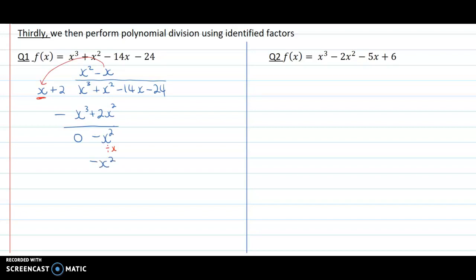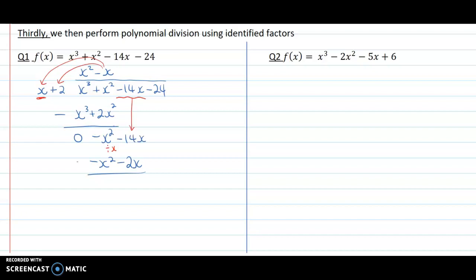And I can't forget on the cycle back to also apply it to the 2. So negative x times 2 gives me negative 2x.